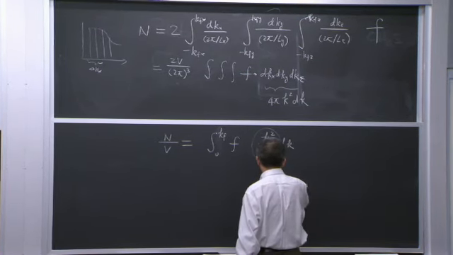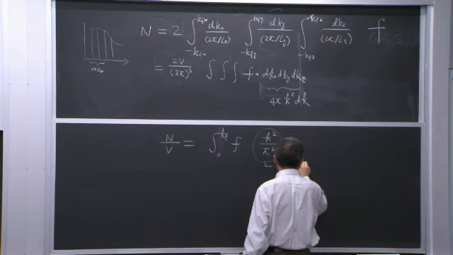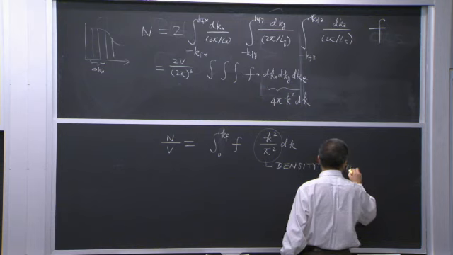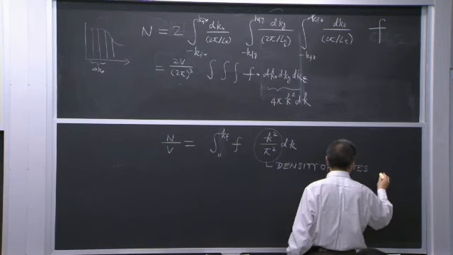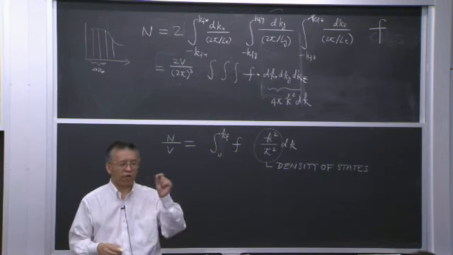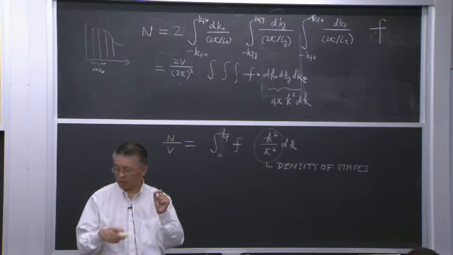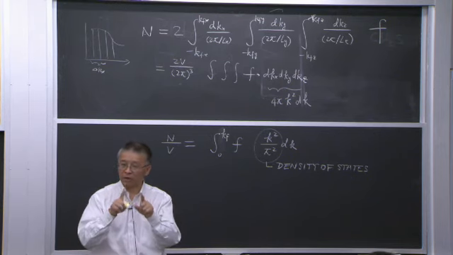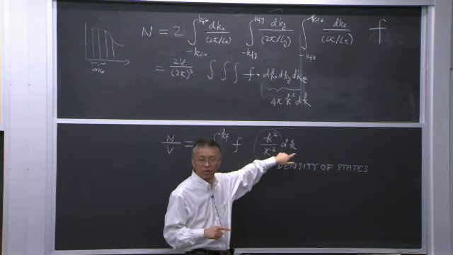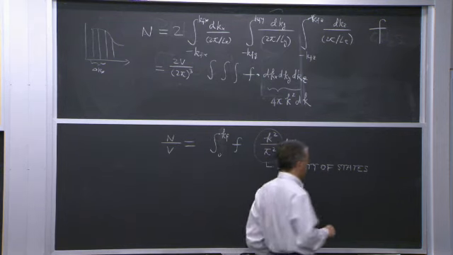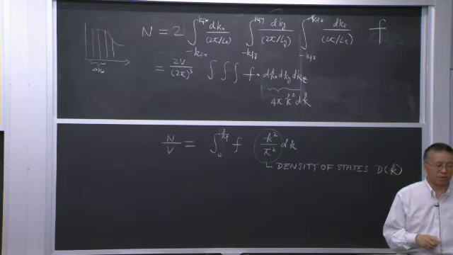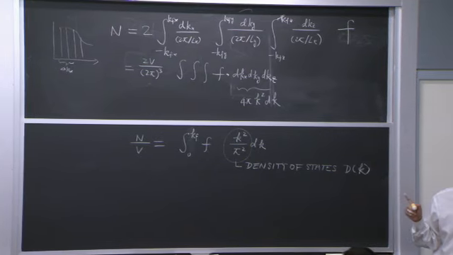Okay, so this one now is my density of states. It's the number of states per unit interval of k, right? How many quantum states I have per delta k. Because here my integration is in dk. So density of states, if I write it in terms of k, means it's per delta k.